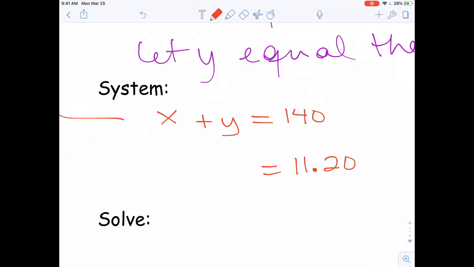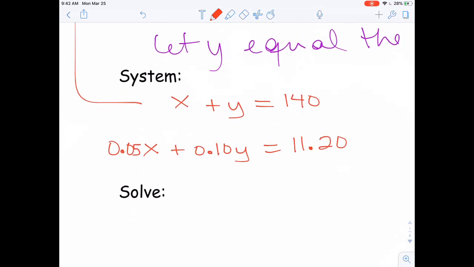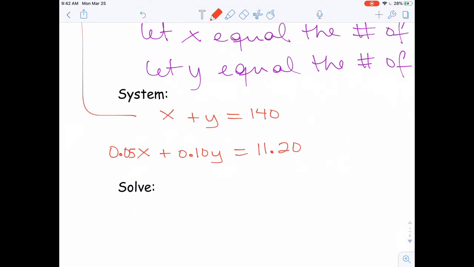We know you have x nickels, but these are worth 5 cents, so that's 0.05x. And this is 0.10y, which represents the value of the dimes. There are your two conditions: one is about quantity, the other is about how much money you have.